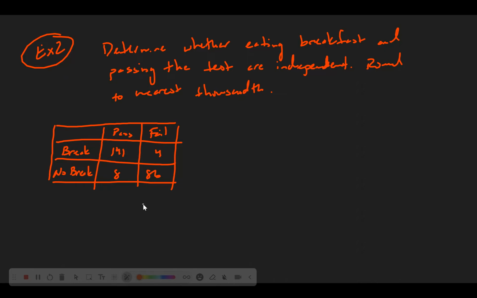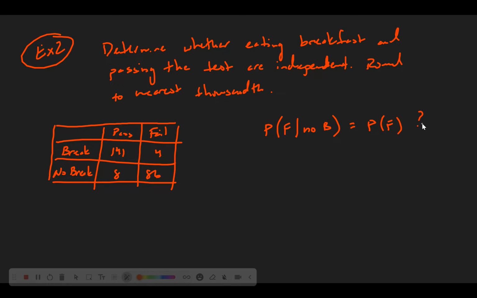Now, they are going to give you a suggestion on what to do. In this problem, they suggested, can you see if the probability of failing, given that you eat no breakfast, is the same as the probability of just failing? If these are the same, what that means is that eating breakfast is independent of failing.